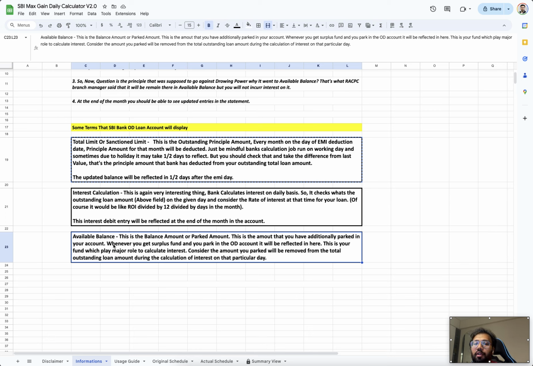You can withdraw that fund as well. The amount of time that you keep your surplus fund in your OD account will give you the advantage of saving interest, right? And the fund that you parked will be shown as your available balance. Okay, so these are some key terms.